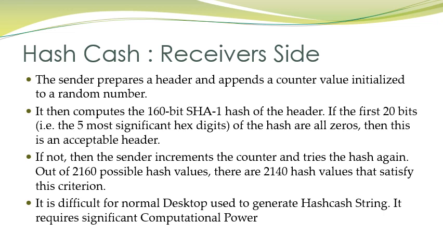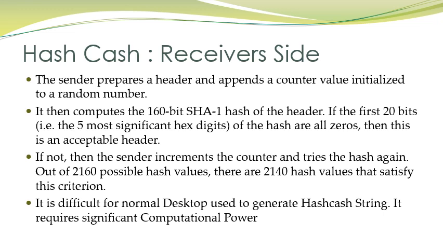So out of 2^160 possible hash values, there are 2^140 hash values that satisfy this criteria, and it is difficult for a normal desktop to generate this hash stamp. It requires significant computational power.